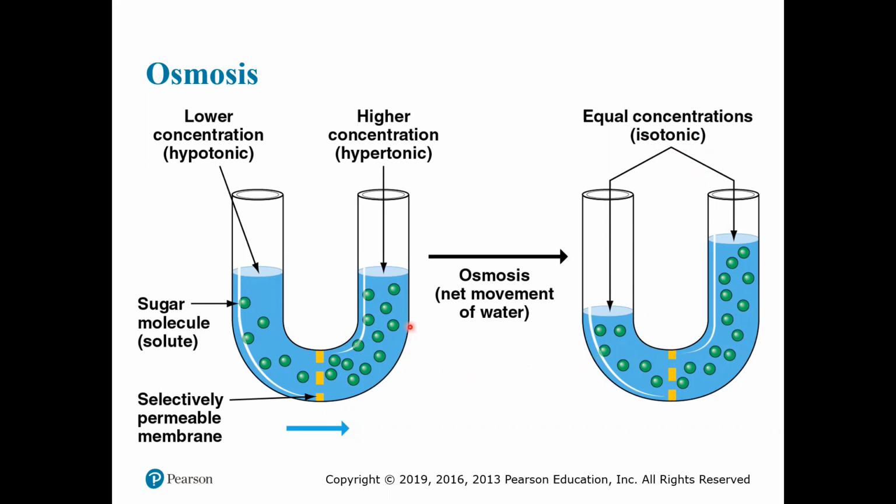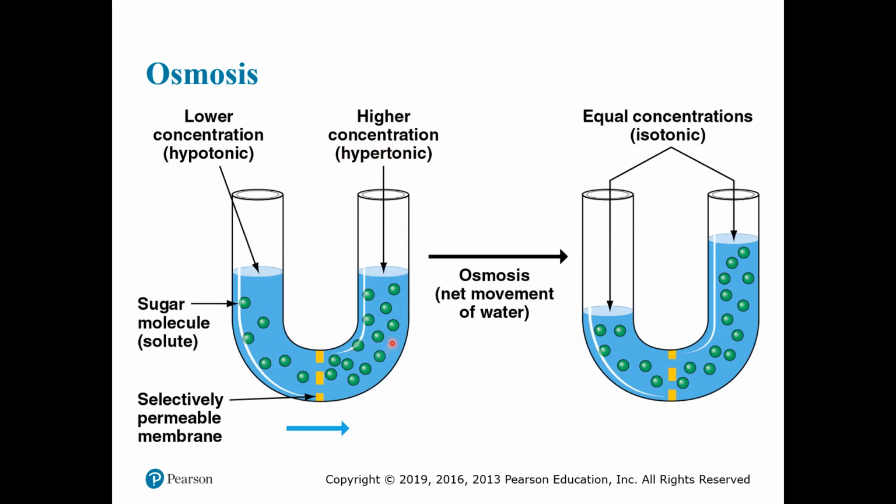Now, if you have two solutions where the solute concentrations are not equal, let's say the right-hand side has 20% sugar and the left-hand side has 5% sugar, then the lower concentration is known as hypotonic, which is the left-hand side. It only has 5%. The higher concentration of solute is referred to as hypertonic.